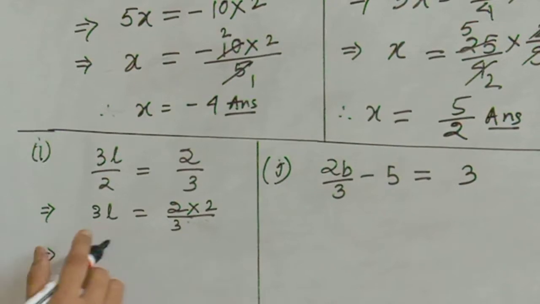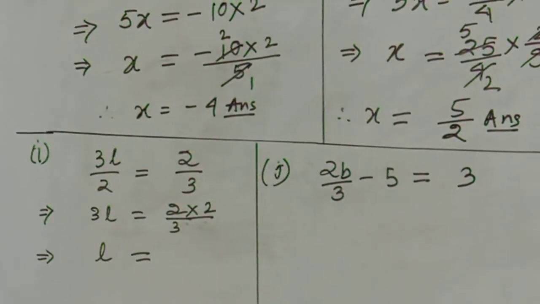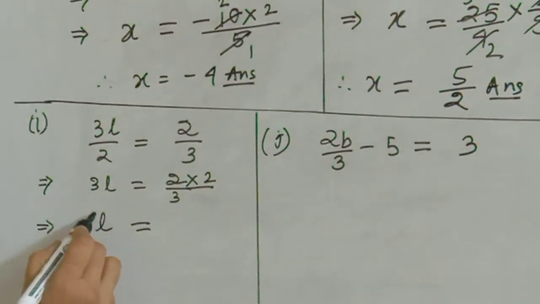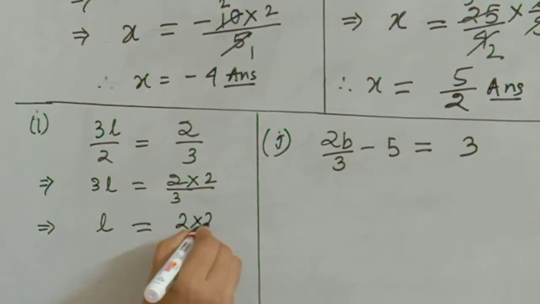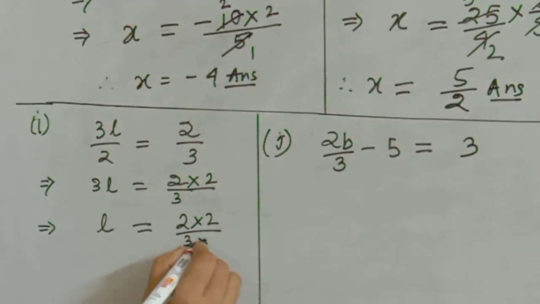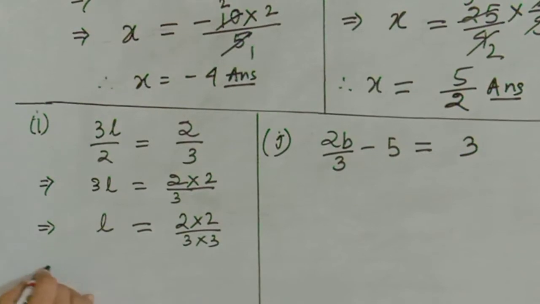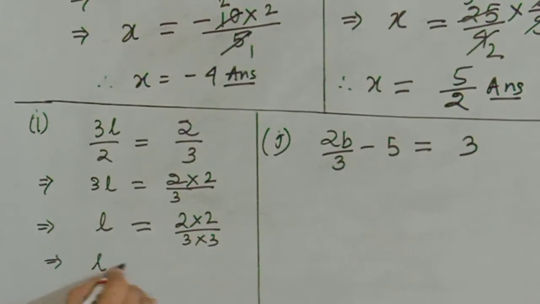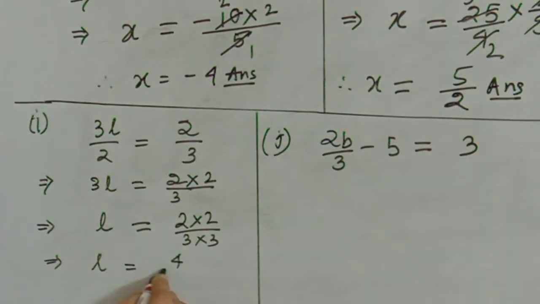Afterwards I will transpose 3. Then L, 3 will go down, 2 into 2 by 3 into 3 by transposing. Then nothing will be cancelled. So in this way only L is equal to 4 by 9.